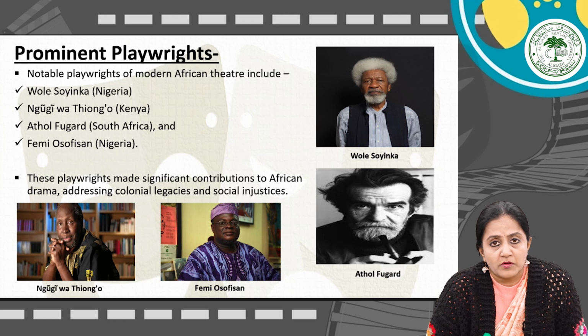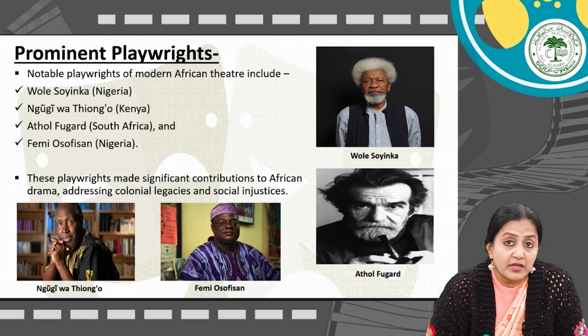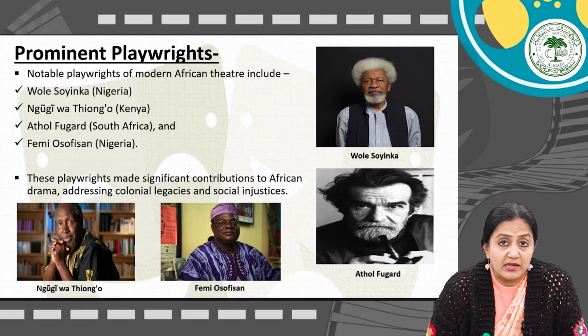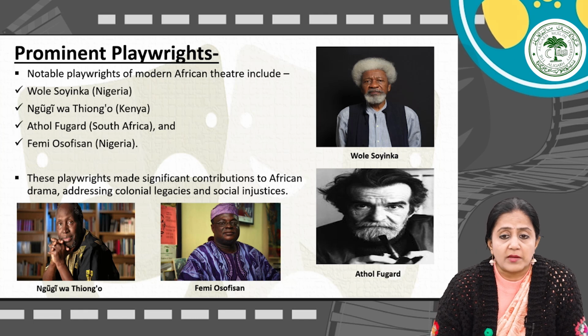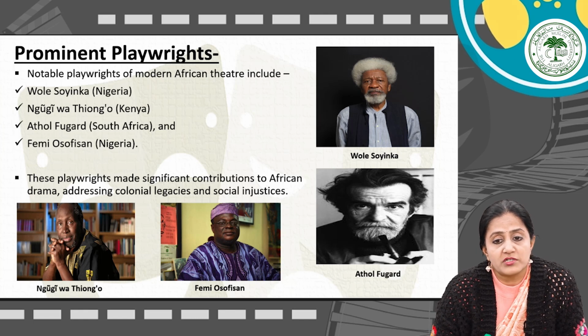Yoruba is one of the biggest tribes of Nigeria, and he has written numerous plays, including Women of Owu, Esu and the Vagabond Minstrels, and Who's Afraid of Solarin. So these playwrights have not only enriched the landscape of African theatre, the Nigerian theatre, South African theatre, Kenyan theatre, with their creative works, but they have also used their platforms to advocate for social change and cultural revival.